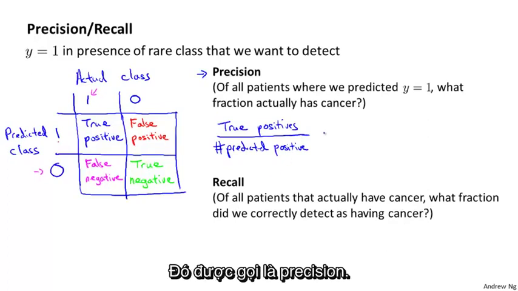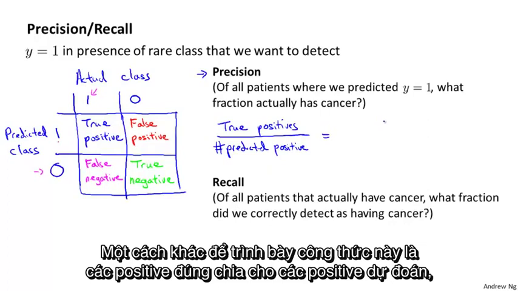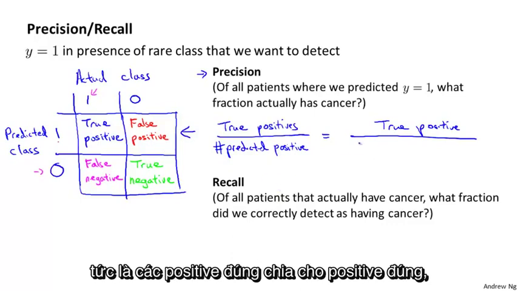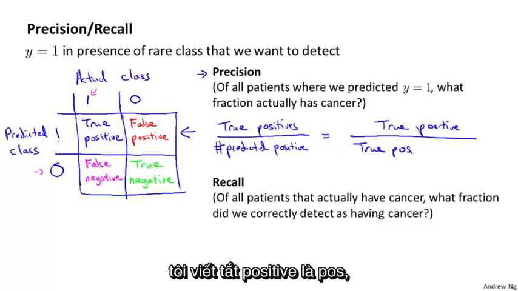So that's called precision. Another way to write this would be true positives, and then in the denominator is the number of predicted positives, which is the sum of the entries in this first row of the table. So it'd be true positives divided by true positives plus false positives.